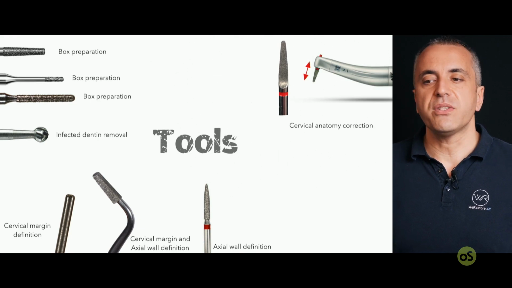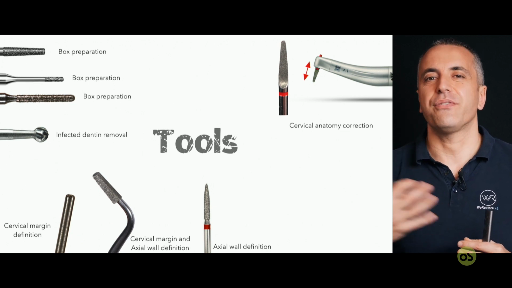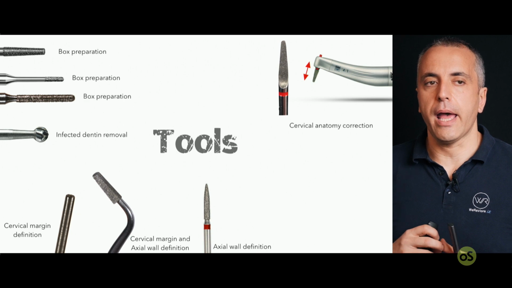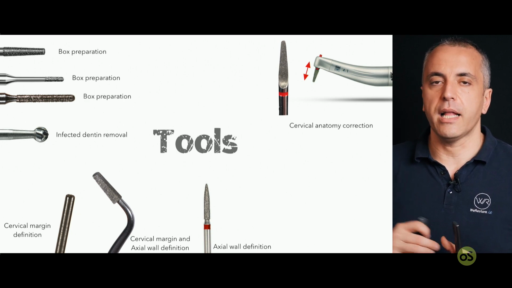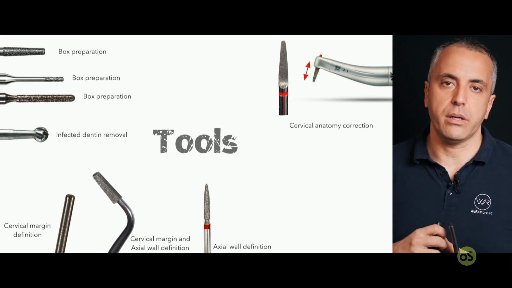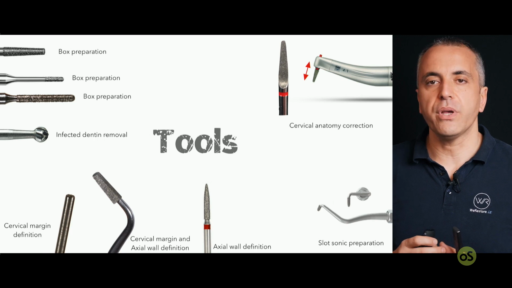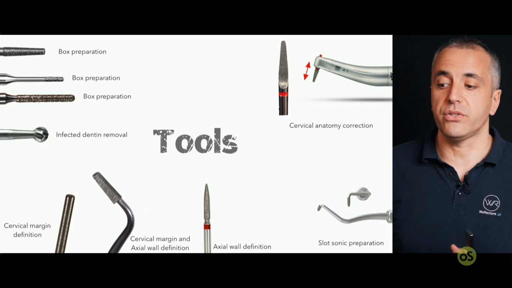And sometimes we want to correct some cervical anatomy because it's difficult to restore. So we can use an EVA handpiece or a reciprocating handpiece that helps us in removing some unwanted anatomy. And then we can also use some sonic endotip that can be useful in the preparation of the slot restoration.